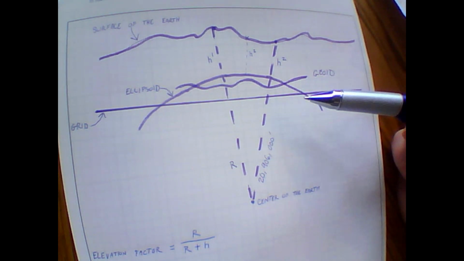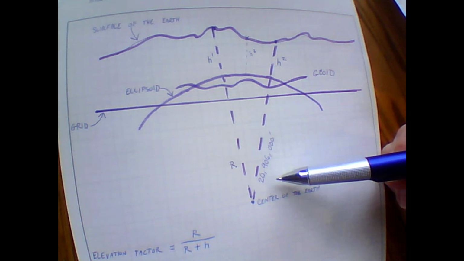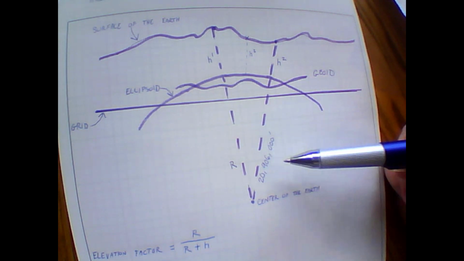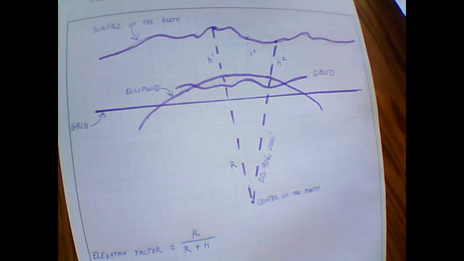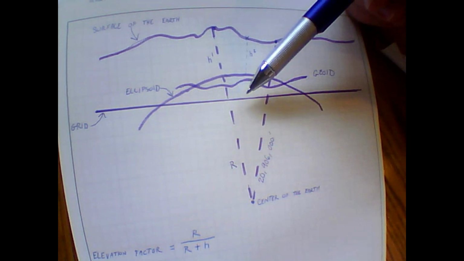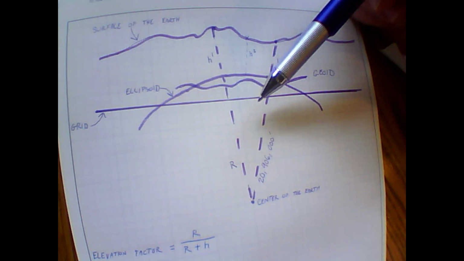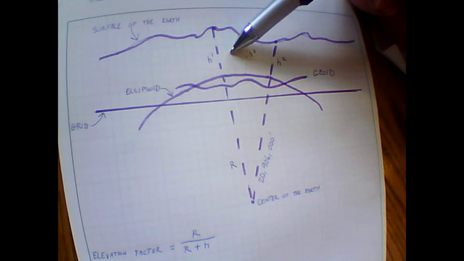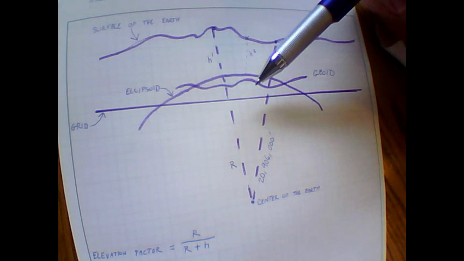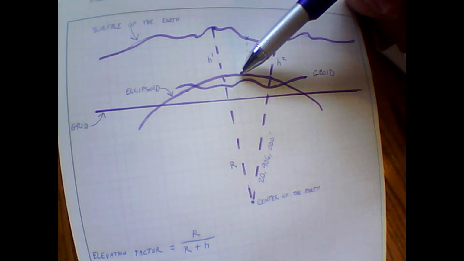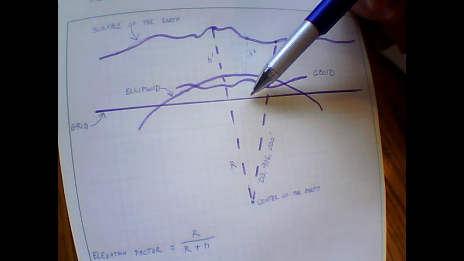The accepted average distance to the center of the Earth is 20,906,000 feet. So first of all, let me just get the scale factor. There's two scale factors here. You've got the elevation scale factor, then you've got another scale factor from grid to ellipsoid. It's just called the scale factor. So elevation scale factor, scale factor.